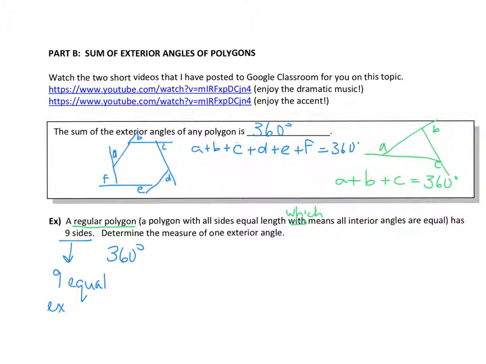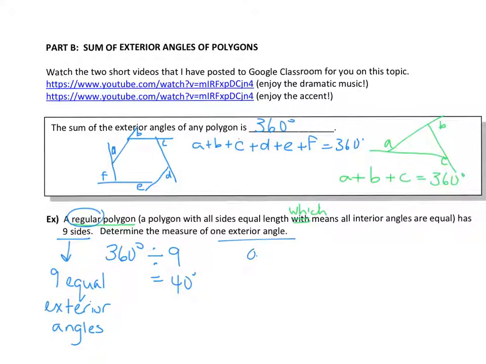I'm going to take my 360 and divide it into 9 equal parts, because the 9 exterior angles have to get divided up, and because it's regular, they're all equal. So 360 divided by 9, what did you get there? That's right, you should have gotten 40 degrees. So each exterior angle equals 40 degrees.